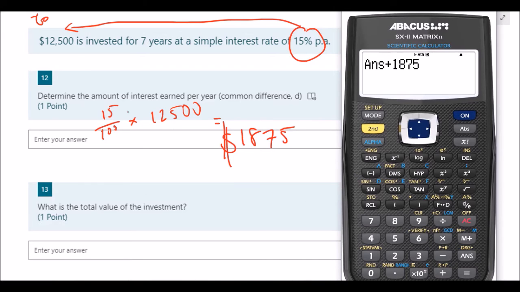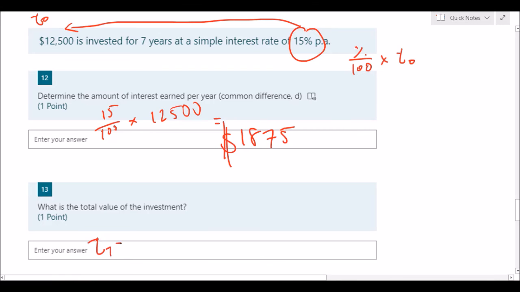So we have to figure out the value after 7 years. So if I press enter, it's first year, second year, third, fourth, fifth, sixth, seventh. So there's my 7th year. So T7 is equal to 25,625.